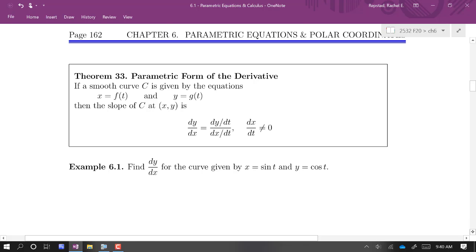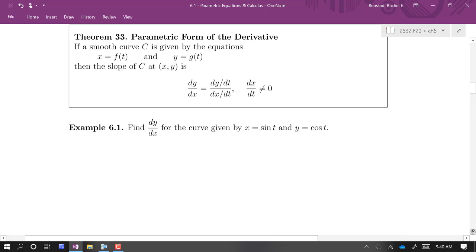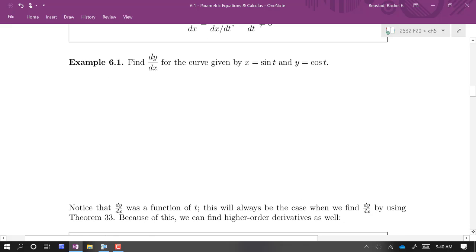So here's an example to start us out. We have a pair of parametric equations. x is sine of t, y equals cosine t, and we're going to find dy dx. So dx dt is cosine t. y is cosine t, so dy dt is equal to negative sine t.